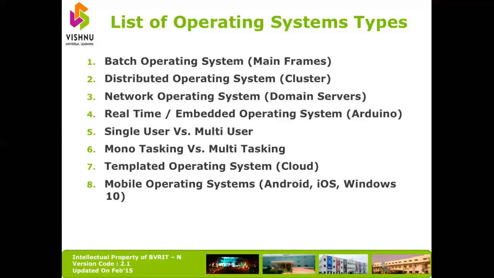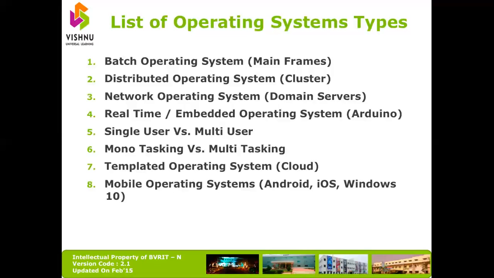That means there are some operating systems where applications or jobs are performed at the same point of time. However, there are some operating systems which perform tasks one after another. Sometimes they get grouped together to be performed.